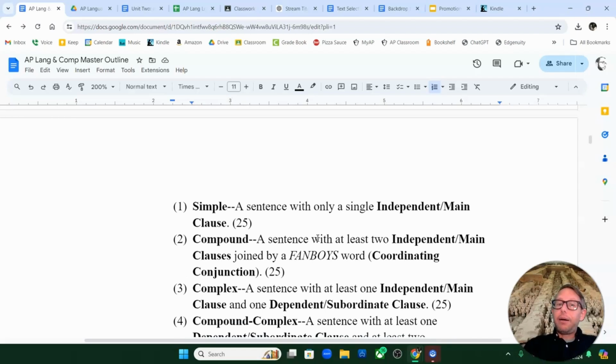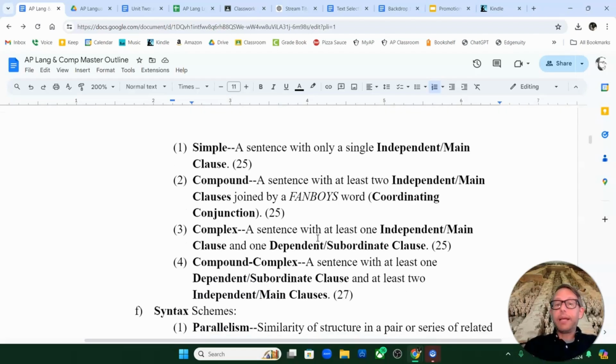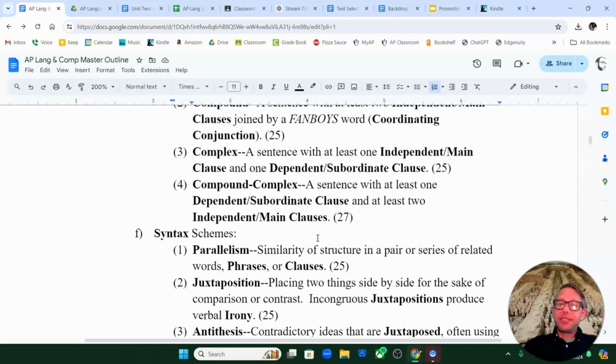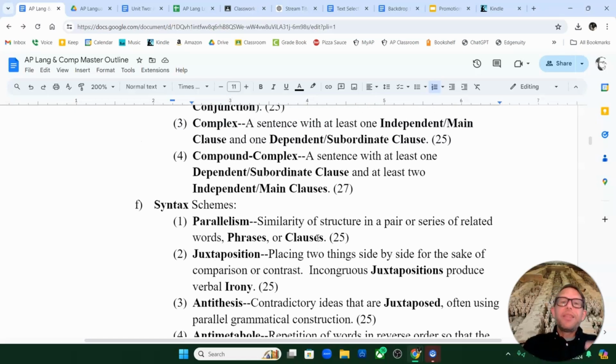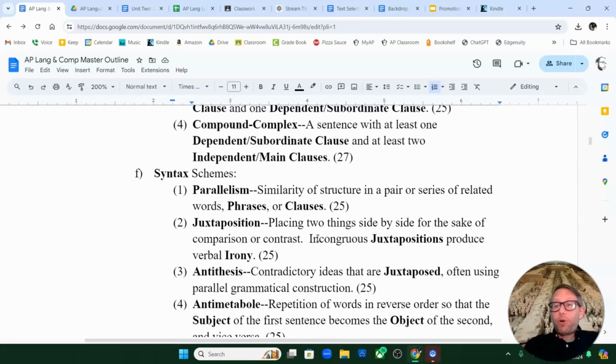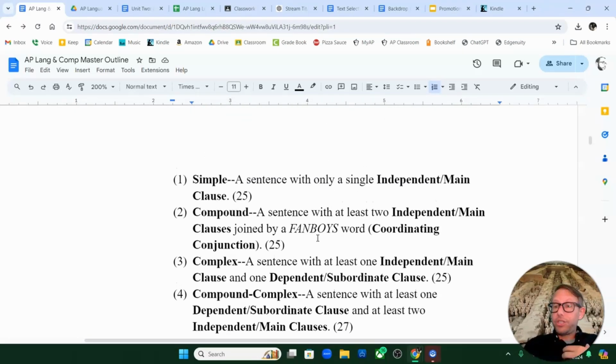Patterns such as frequent simple, compound, or complex sentences, or some of these syntactical schemes that pop up frequently or at specific moments for specific reasons, okay? Those are things that you want to be on the lookout for, because if you can draw our attention to them as the person reading your rhetorical analysis, you're going to go to great lengths to really reinforce and confirm whatever your thesis is as you're doing that rhetorical analysis.